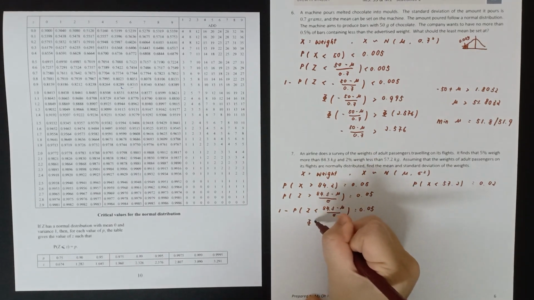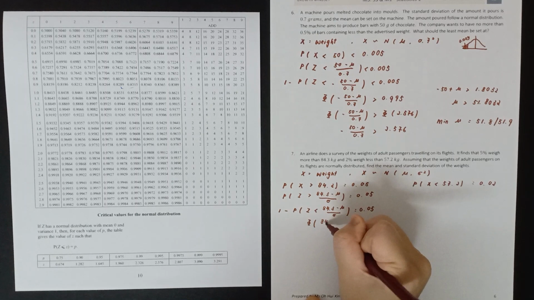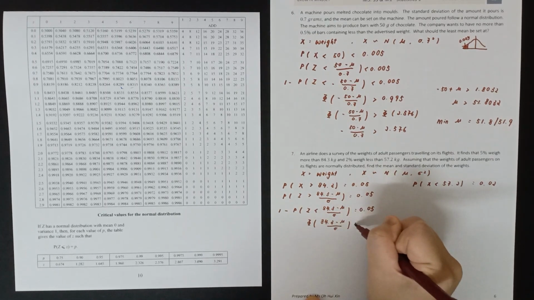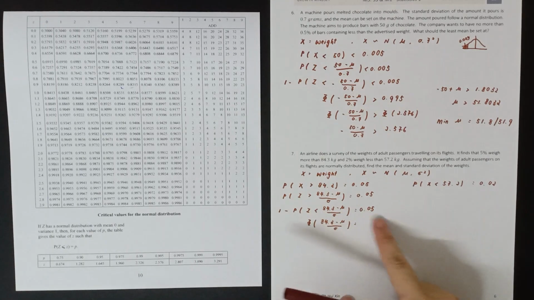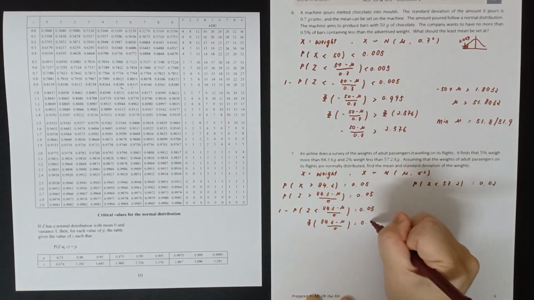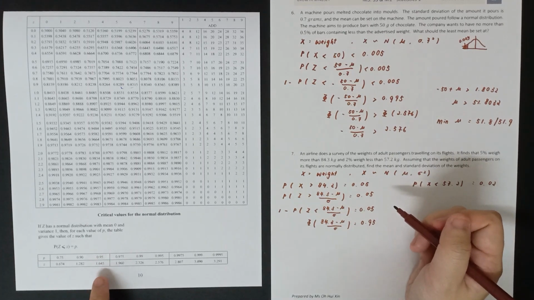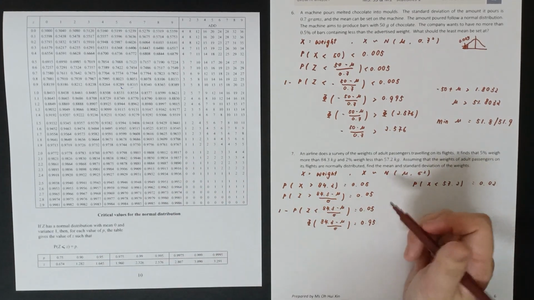So 84.3 minus mu divided by standard deviation will be equal to, so I'm changing this in front, 0.95. So same thing, I can straight away read 0.95 from the critical value, so I do not need to find it in the table.